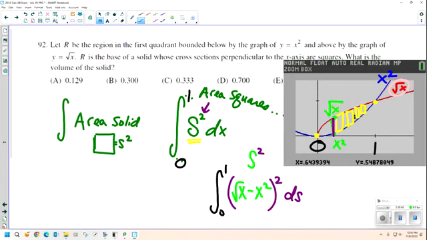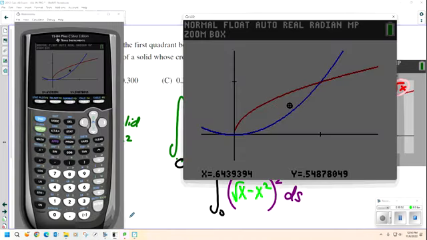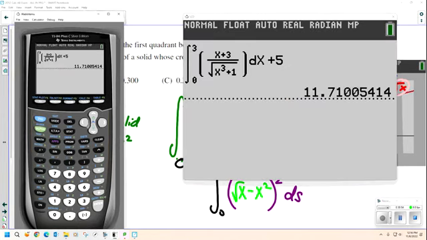Once you come up with this equation, you just put it in a calculator. Let's go math 9, from 0 to 1. Parenthesis, the square root of x, minus x squared. I need a closing parenthesis. I have 2 open parentheses, so I need 2 closing parentheses.